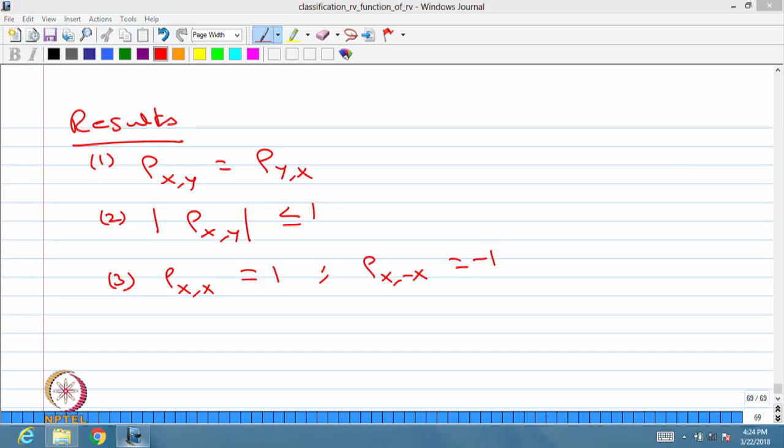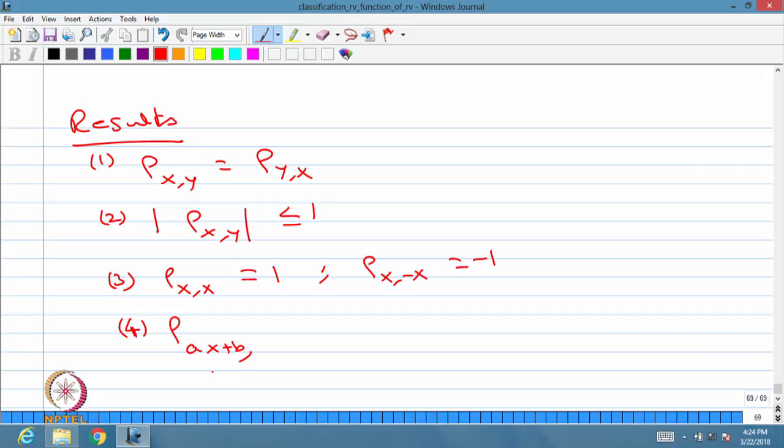The fourth result: the correlation coefficient of ax plus b, where a and b are constants, with the random variable y.